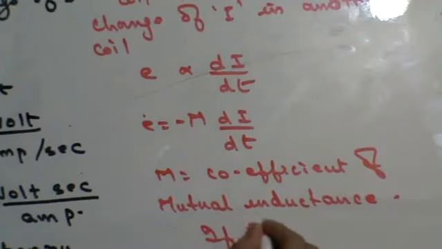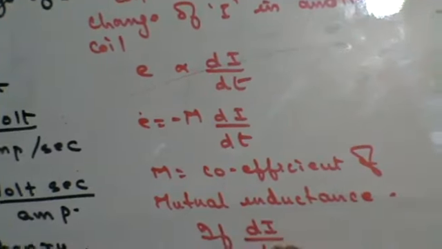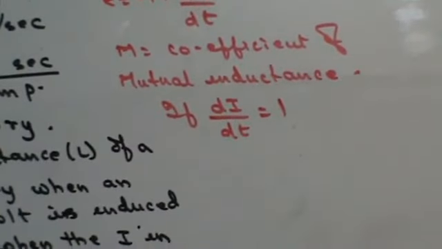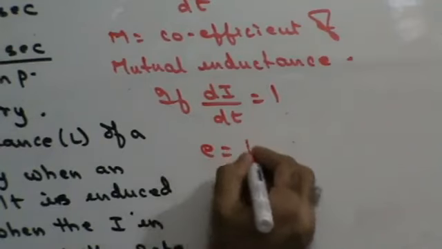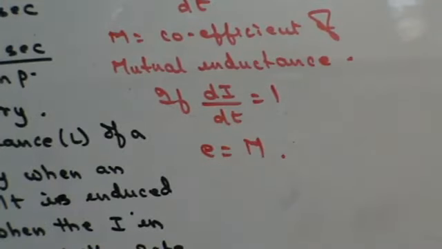If di by dt is equal to 1, if the rate of change in current is 1, then in terms of magnitude EMF will be equal to M. Thus mutual inductance between two coils will numerically be equal to the EMF induced in the secondary coil when current in the primary coil changes.